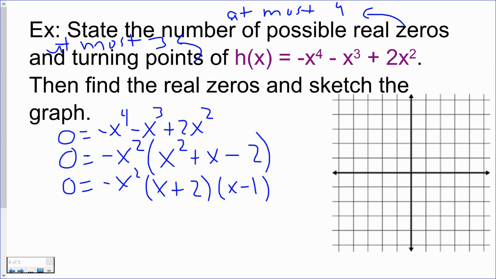Now, I still have to solve these. This would give me a 0 at 0. If you notice, this exponent is 2, which means this has a multiplicity of 2. And as we learned on the last slide, that means it's going to bounce off the graph at 0, as we'll talk about. This one, this is x equals negative 2.